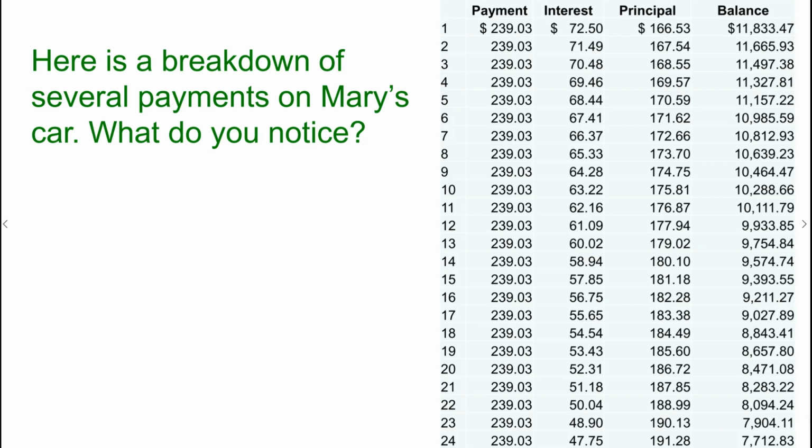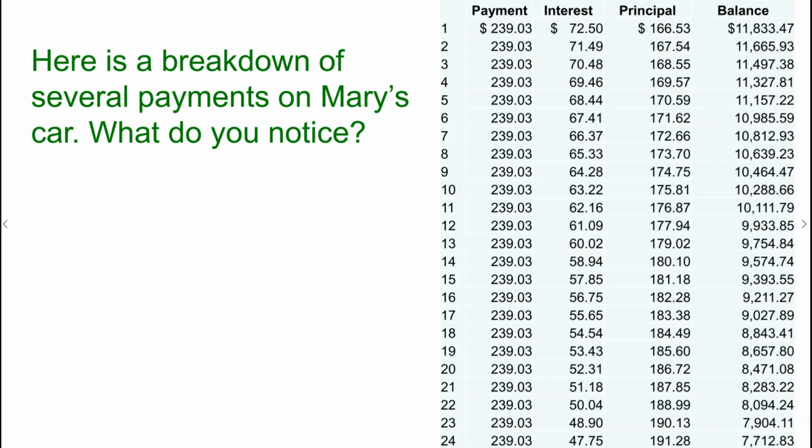That's what it should do, because as you pay more toward your principal, your balance is less. So you're going to pay less interest, but more principal. Notice the principal column increases as the interest column decreases. And that's how it should work.